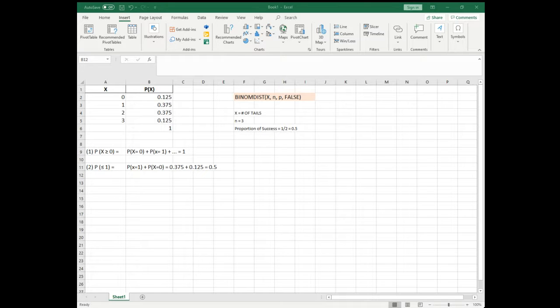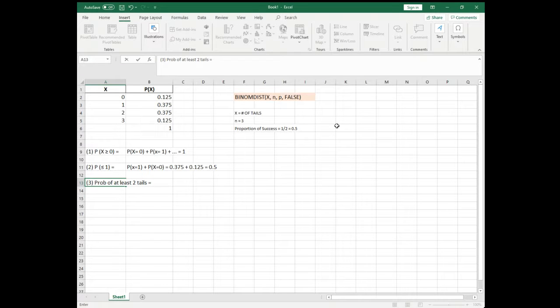Any questions for me? Let's do another one. What's the probability of tossing this coin 3 times and then getting at least 2 tails?